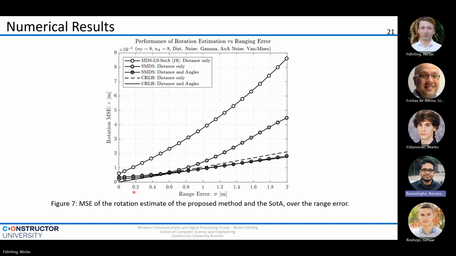Maybe if you have a plot in the log scale, we can see this a bit more, because typically you would have a scale going from low SNR to high SNR, but this is flipped. So maybe you can see a small bump if you extrapolate to higher range errors as well. And this is the first point, and then there's another question that I had.